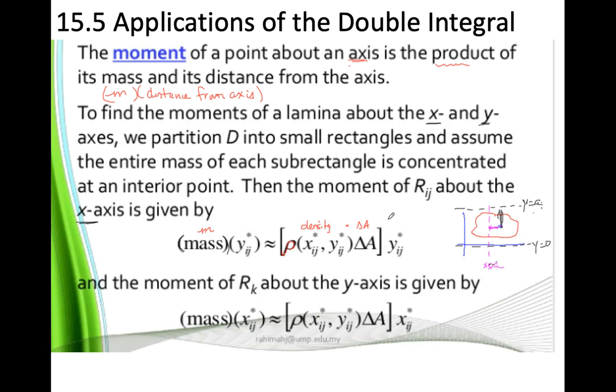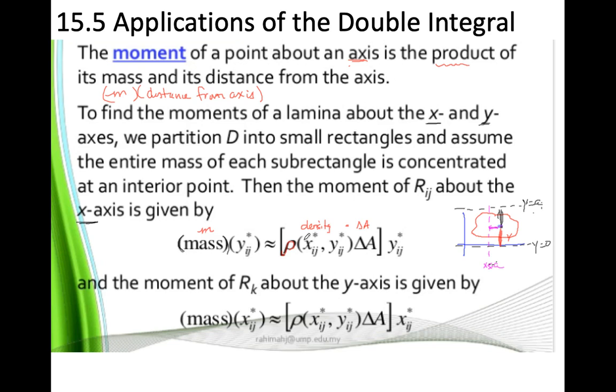And then you're going to talk about this y distance. And again, since we're just talking about the point to the x-axis, where y is equal to 0, that distance is just y.